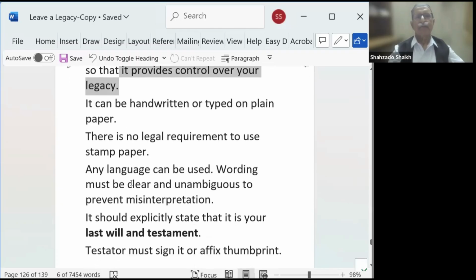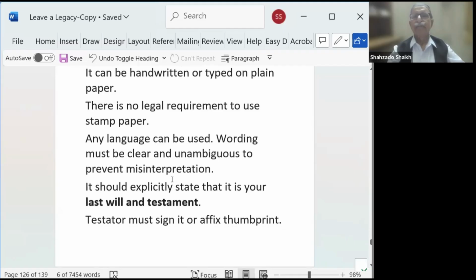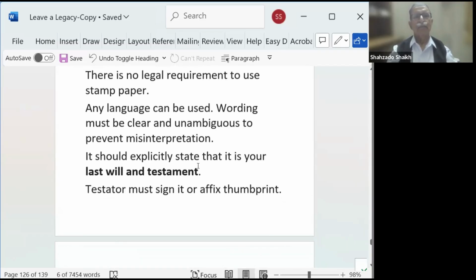There is no legal requirement to use stamp paper. Almost in Pakistan also there's the same situation. So it applies to both India and Pakistan. But if there is a difference, I'll tell them. Any language can be used: Hindi, English, Urdu, Sindhi, any language. The wording must be clear and unambiguous to prevent misinterpretation.